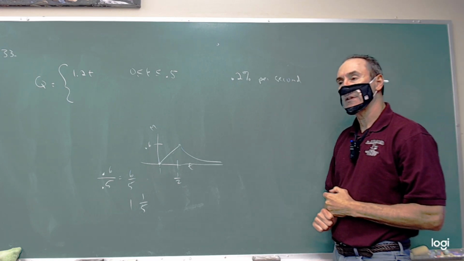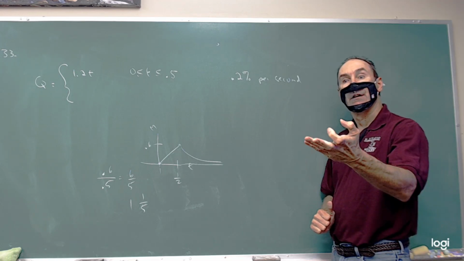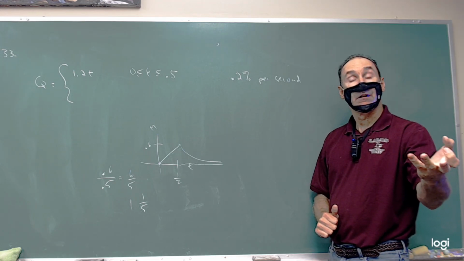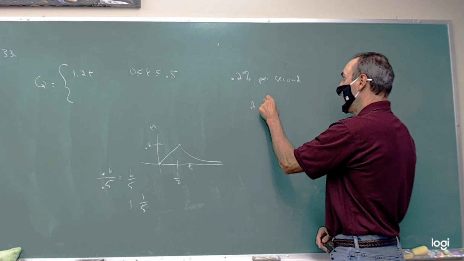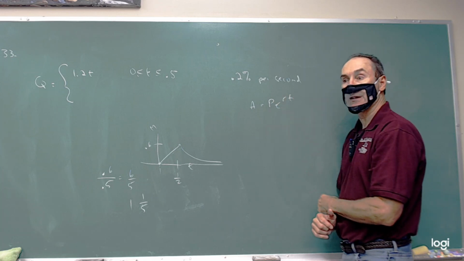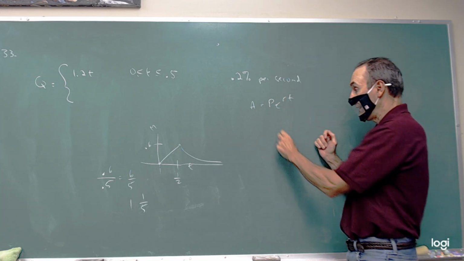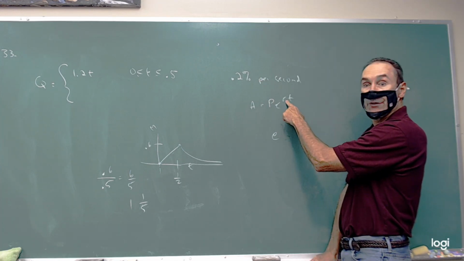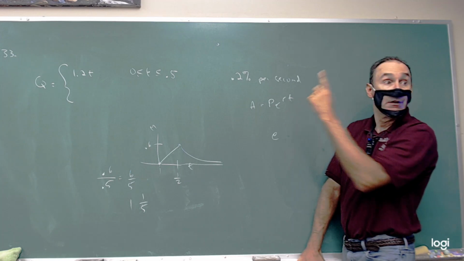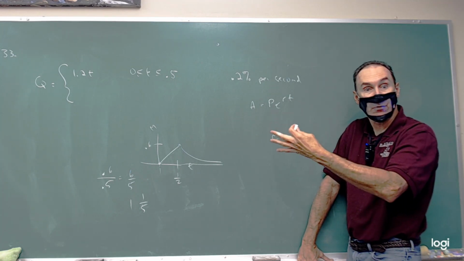So what kind of exponential are we thinking? Yeah, exactly. The amount is going to be P e to the rt, base Euler's number. So if it's 0.2%, what's going to be our r? 0.002, because we have to change it from a percent to a decimal.